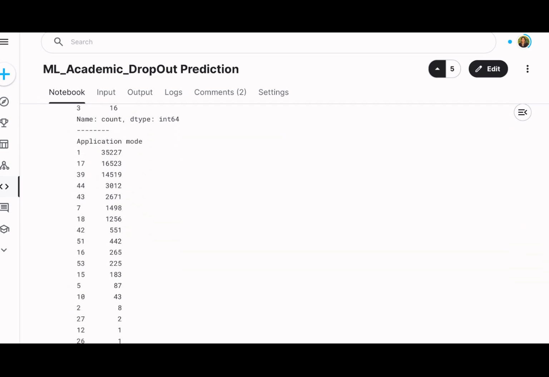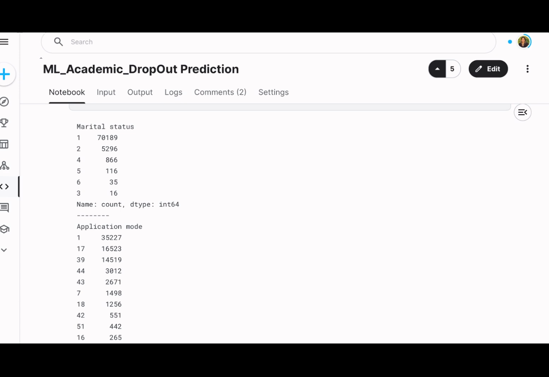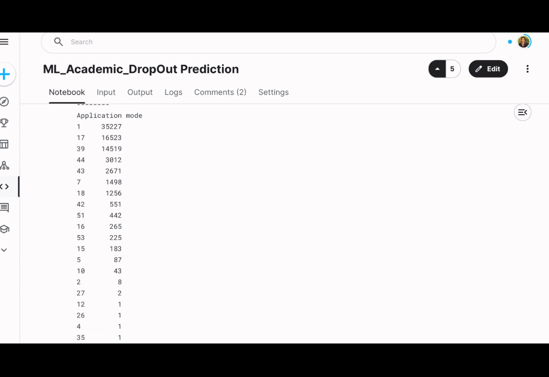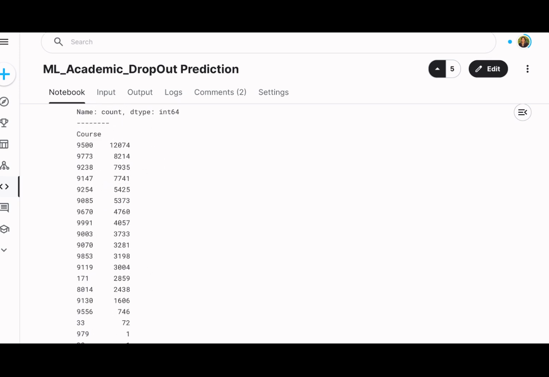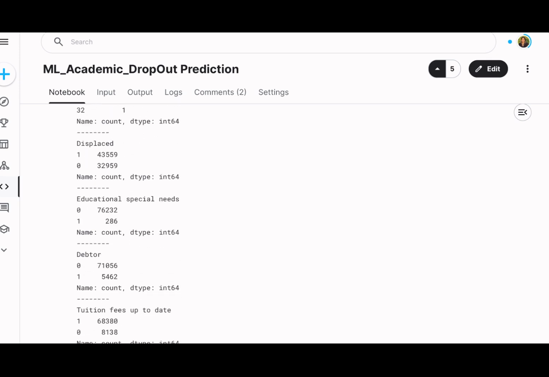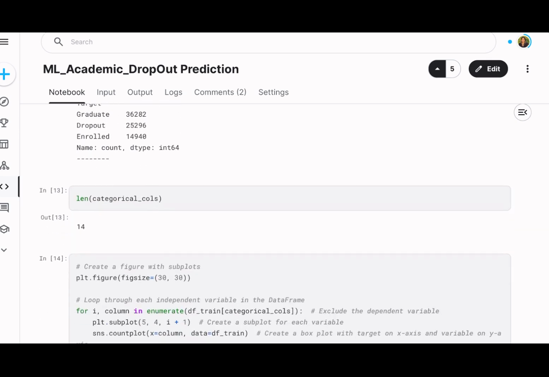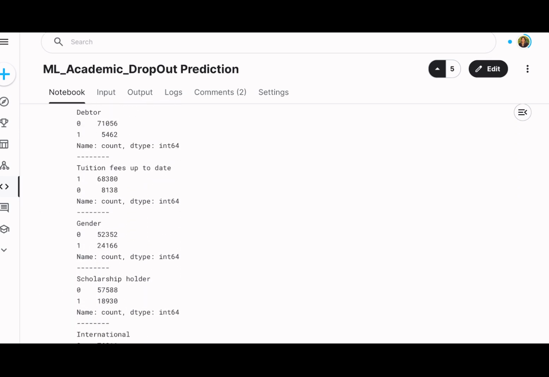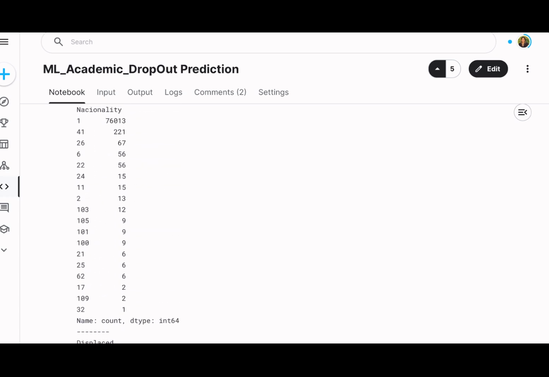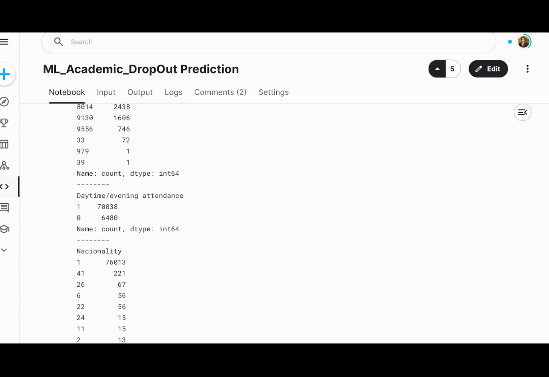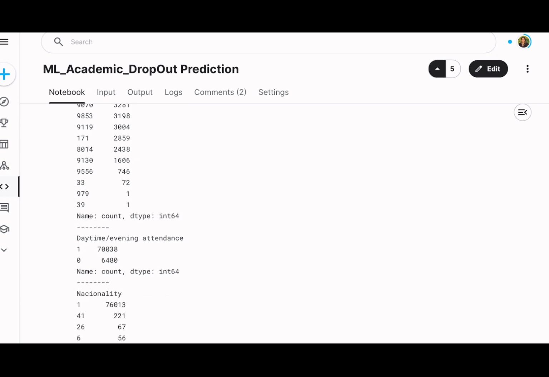Now let us look at the value counts for each of them. For every value in that particular column, we have the counts as well, so we can see the relative frequency for each value. Everything makes sense here. I basically do this exercise to understand whether it makes good sense to club the data or not.